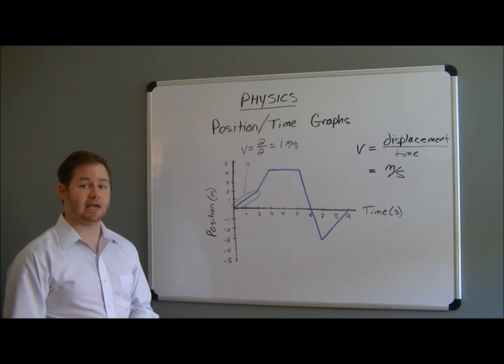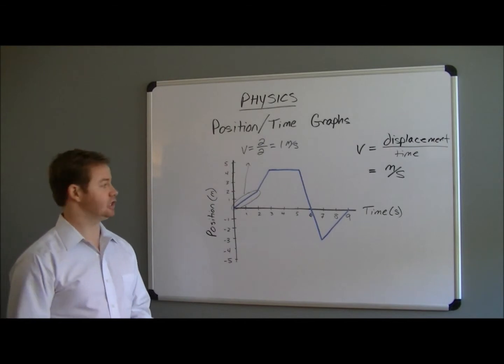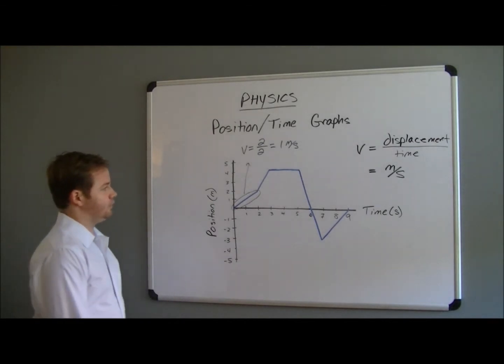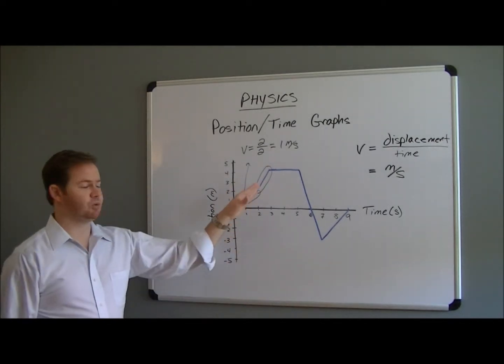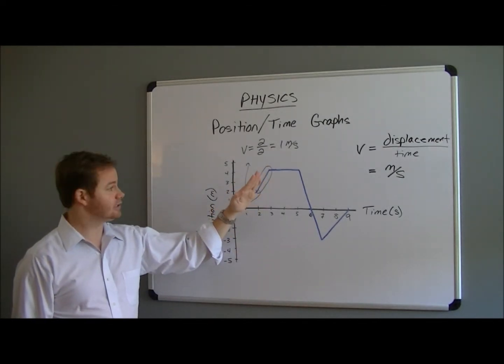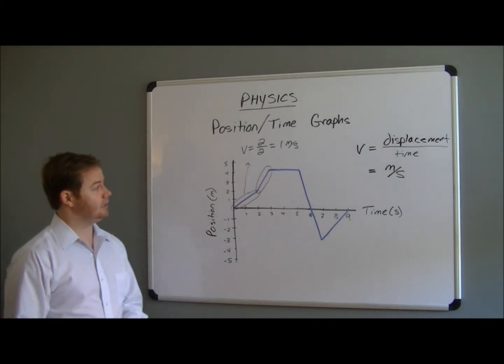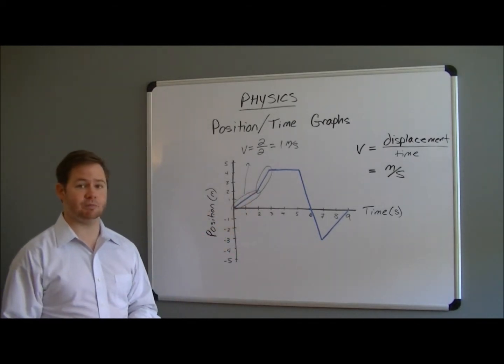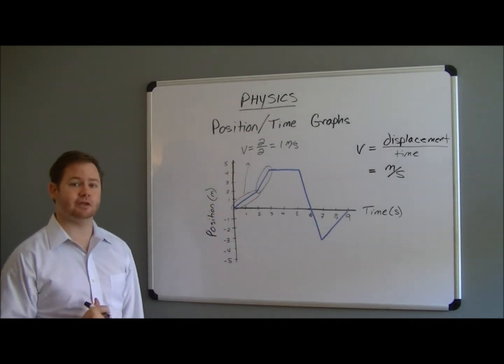Now let's talk about what's happening to velocity for the rest of our graph and how that relates to position and time. So here, if we were to take a look at this next portion, we can see that this portion of our graph is a little bit steeper than the first part that we looked at. And that means when you have a steeper slope that you're going to have a larger value for velocity, it means that you're moving faster.